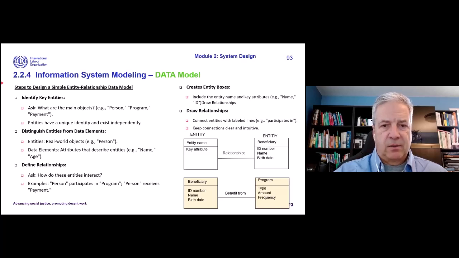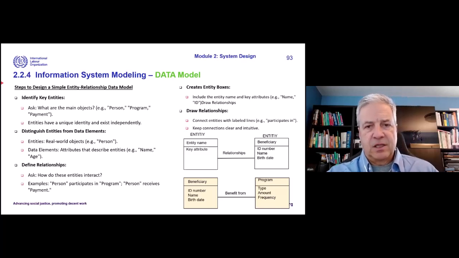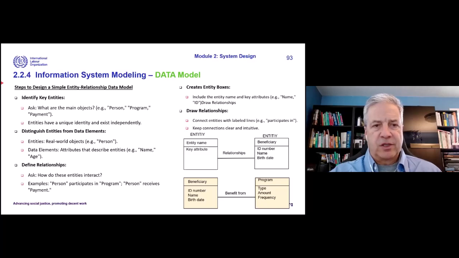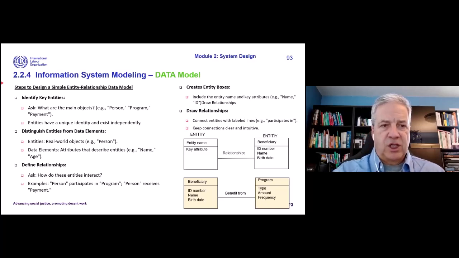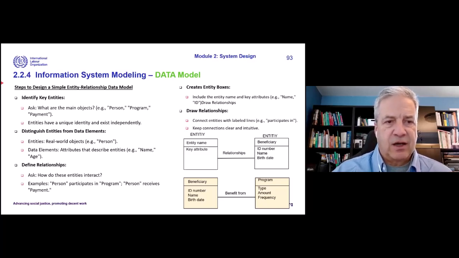And then the system developer is able to understand for each data what the elements composing it are. So we have a way of doing a data model. We use what we call entities, and inside the entities we have data elements.